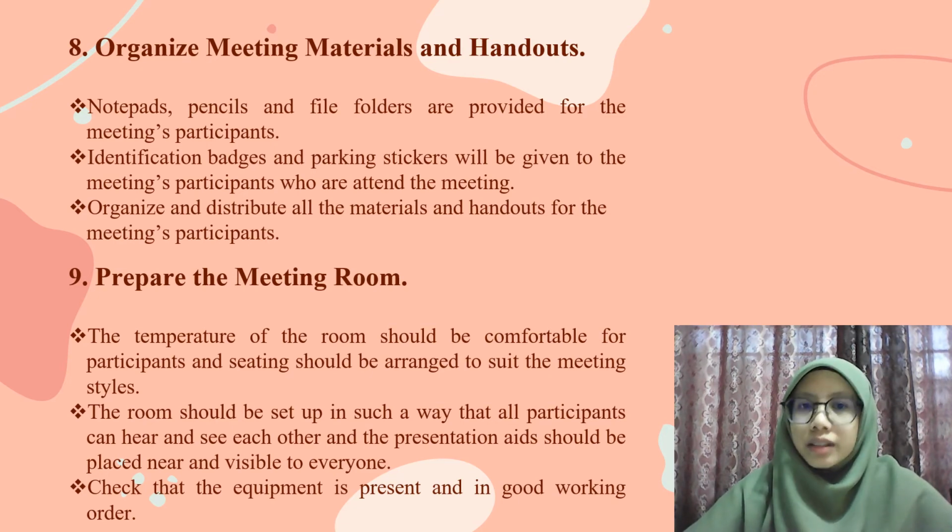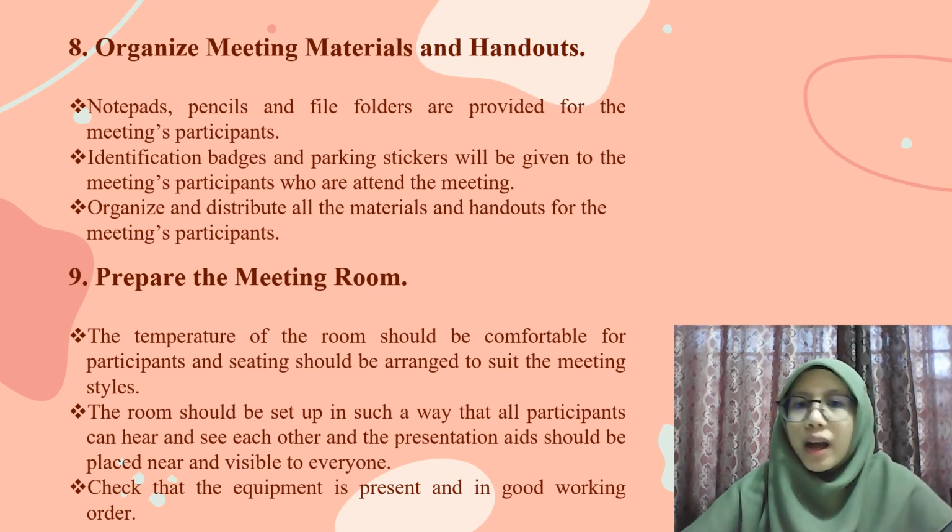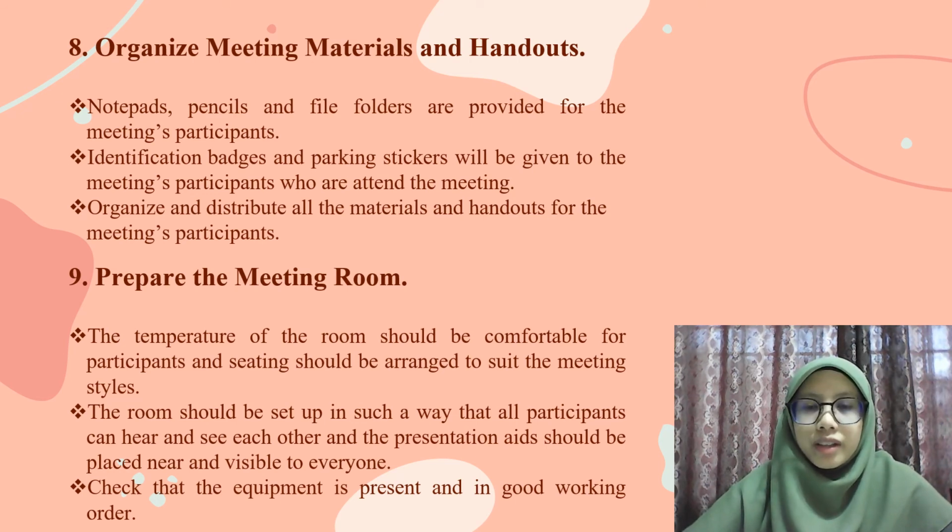Check that the equipment is present and in good working order. We need to prepare and check all the equipment and also ensure that participants can see the presentations in the room. This helps to make sure all the meeting participants are in good hands during the meeting. It is also to ensure that the meetings run smoothly.